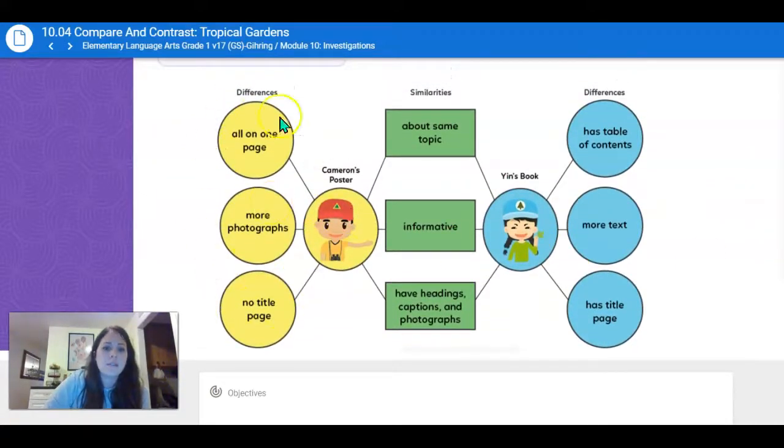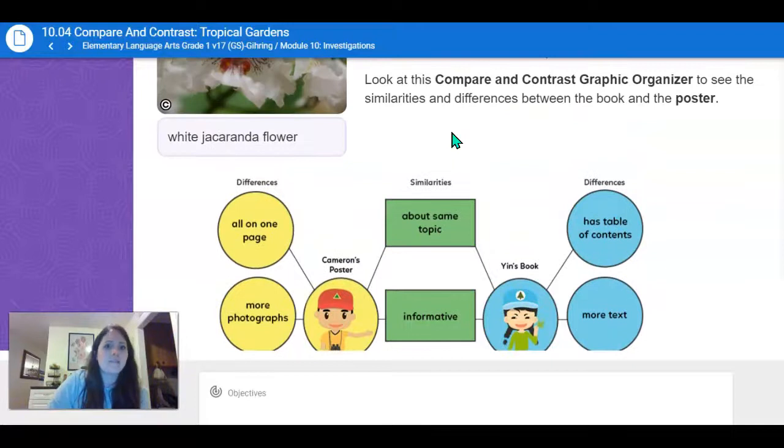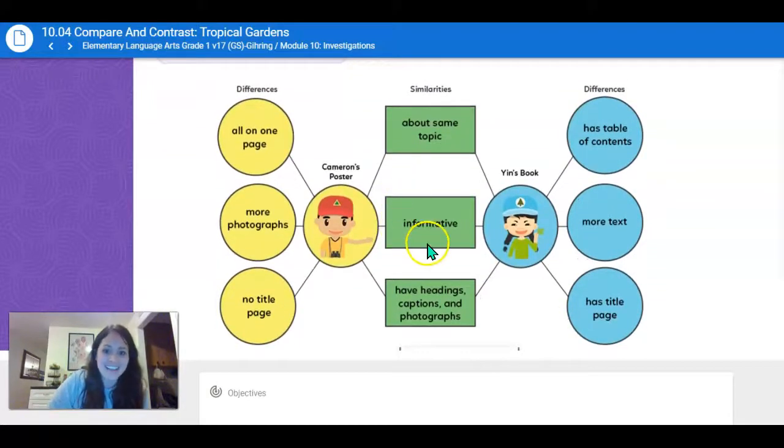Okay, so on this side over here in yellow, we have Cameron's poster. And then on this side is Yin's book. In the middle is things that they share in common, the similarities. So they're about the same topic, which was that jacaranda flower. And they are both informative. They're giving facts about a topic.